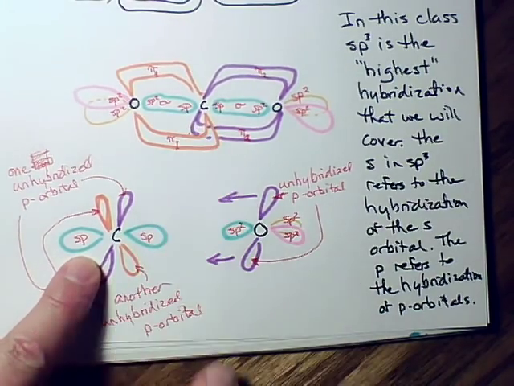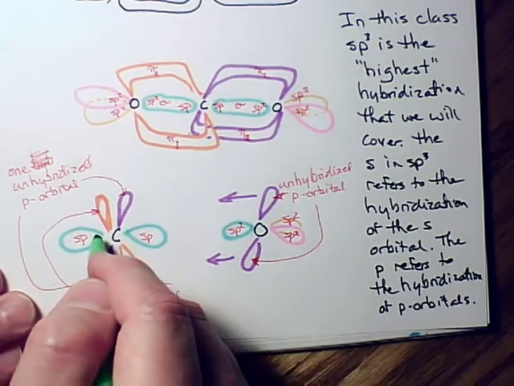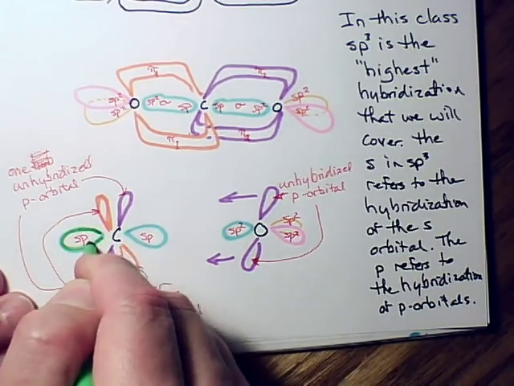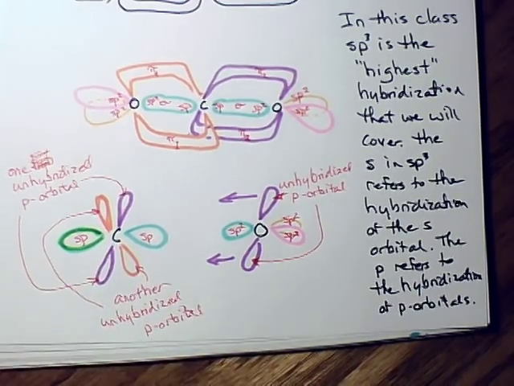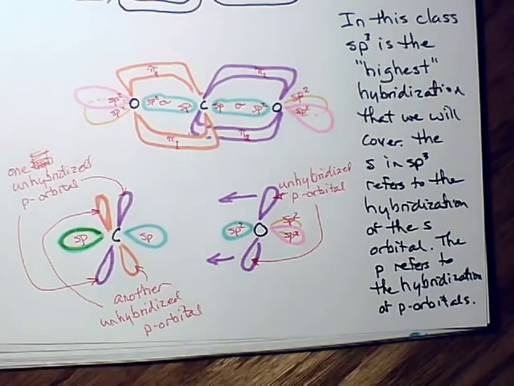Now I've made these the same color. Up to now we've been making the orbitals a different color when we do separate orbitals, okay? So this is a separate SP from this SP. It's called an sp2 because you hybridized an S. But how do you know which balloon is an S orbital?